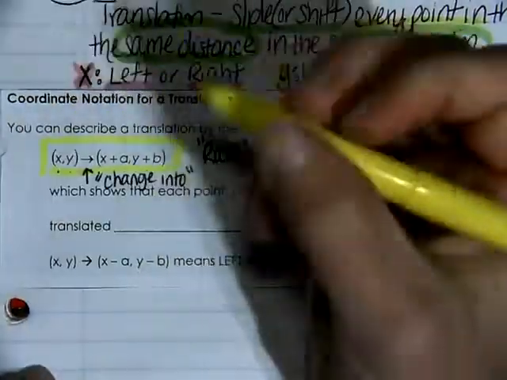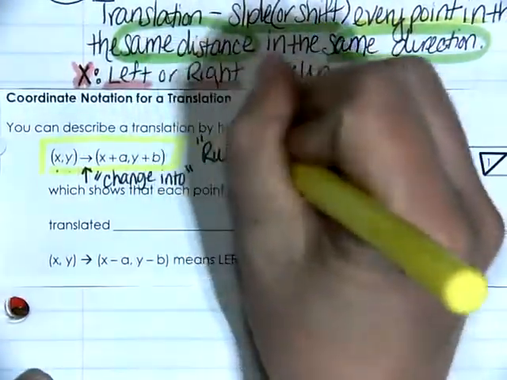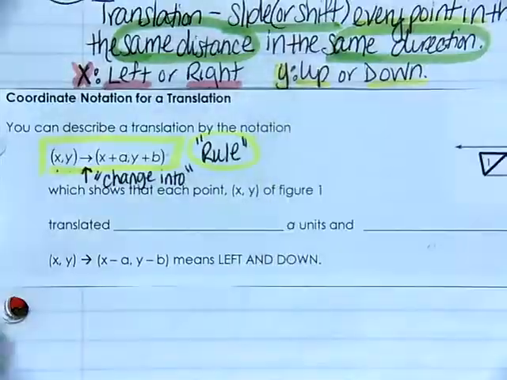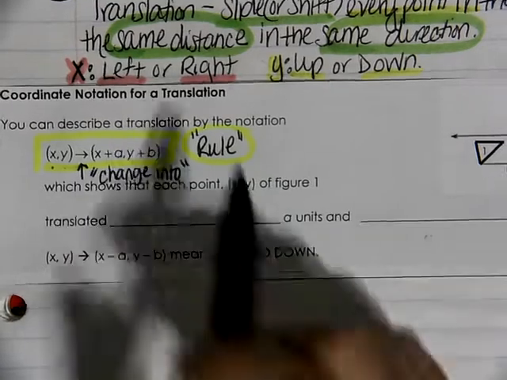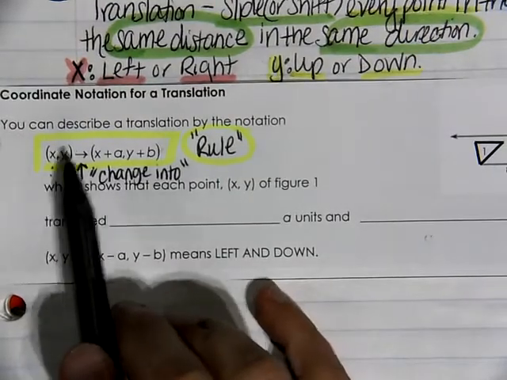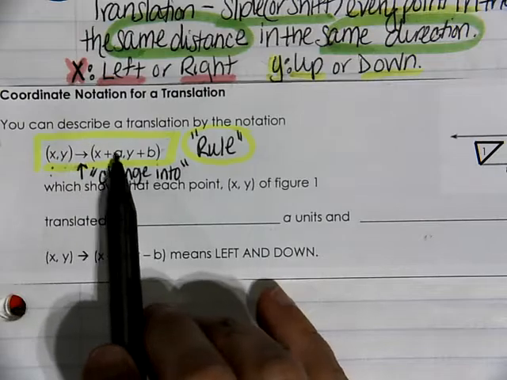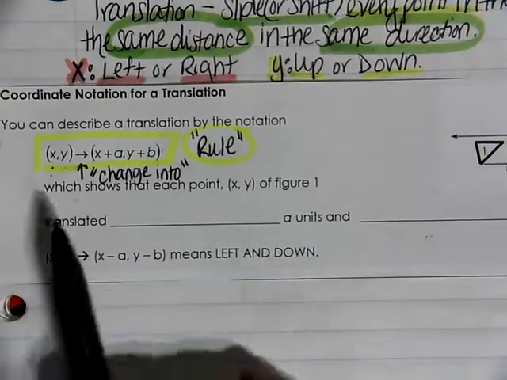This whole thing is called a translation rule or a coordinate rule. It's a rule telling you what to do in terms of the figure. So you can describe a translation by the notation where your ordered pair (x, y) changes into (x + a, y + b).